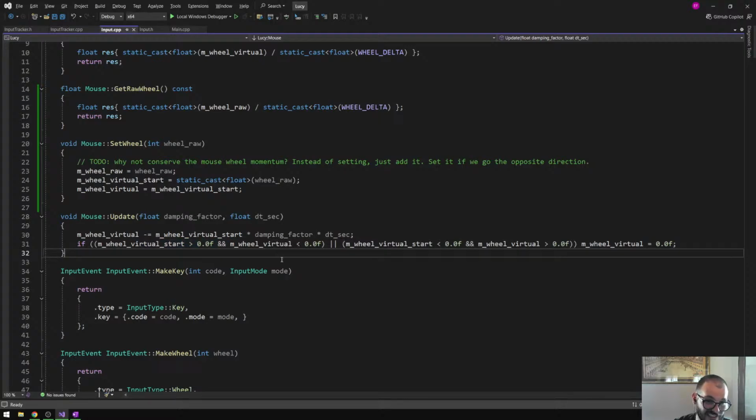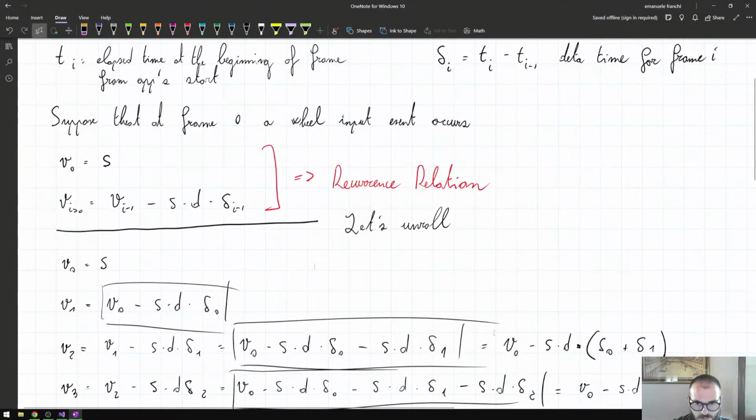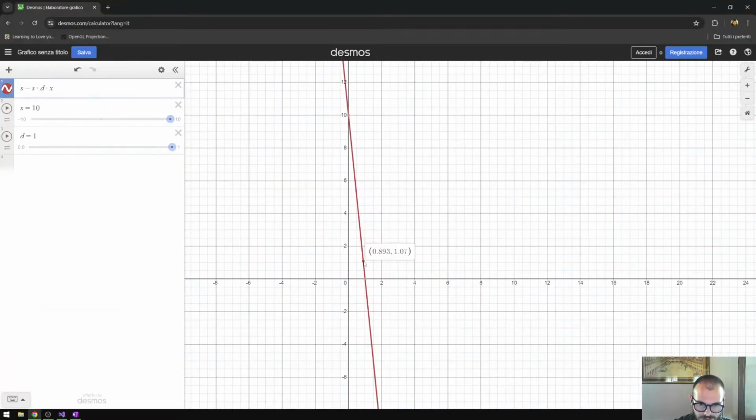You can easily see this thing goes down indefinitely. We don't want that. We want to stop the madness as soon as it reaches 0.